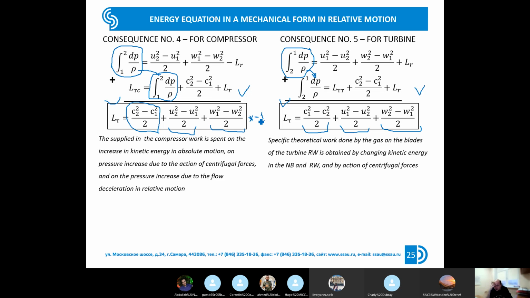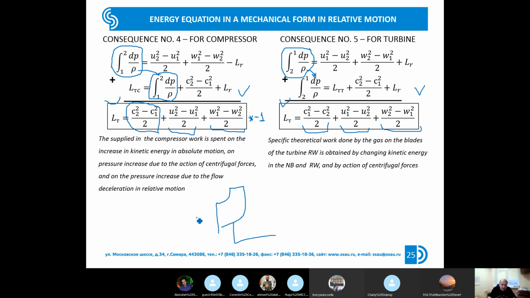And what does it mean? It means that we could take a compressor and, for example, apply a pressure difference between the inlet and the outlet. For example, we take the rotor wheel of the centrifugal compressor or axial, it's not important.